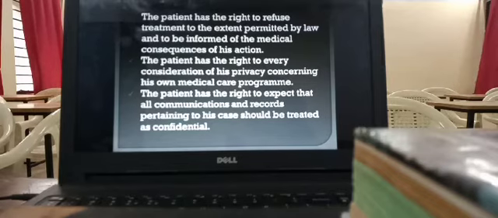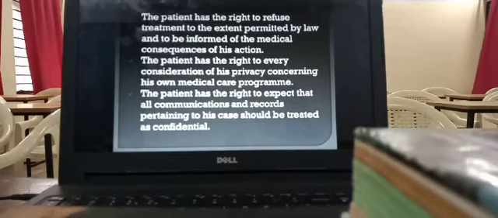We cannot force them to continue the treatment if they are not willing. Whatever the consequences, whatever the complications, the patient has the right to refuse the treatment, and we will also have to release the patient from the treatment.